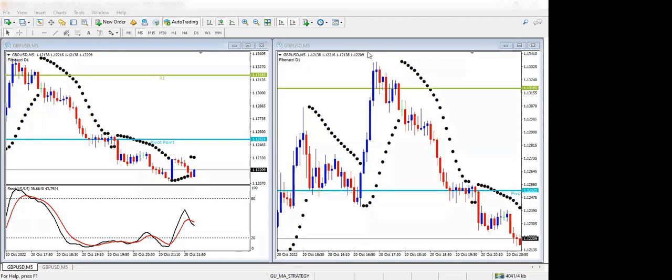Yeah, markets don't move in one direction. They always have pullbacks. So I'm just questioning whether the parabolic SAR can really help me out in that direction. Maybe you can clarify on that.